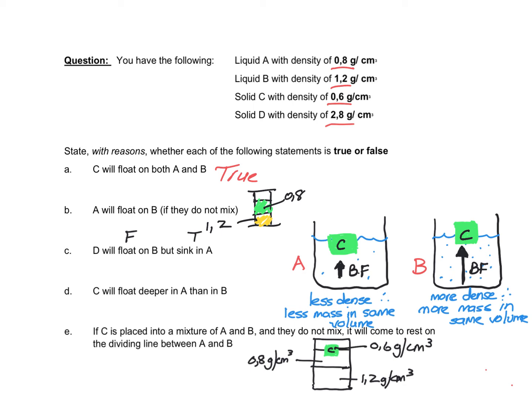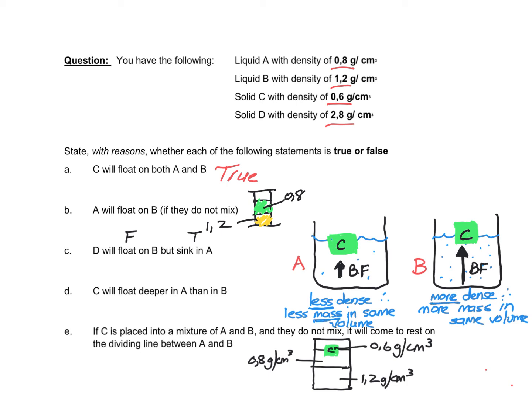And then number D, C will float deeper in A than in B. If we have a look at these 2 diagrams, I've drawn them 2 beakers here, A and B. Now, A has only got a density of 0.8. So actually, A is less dense than B, meaning it has less mass in the same volume.